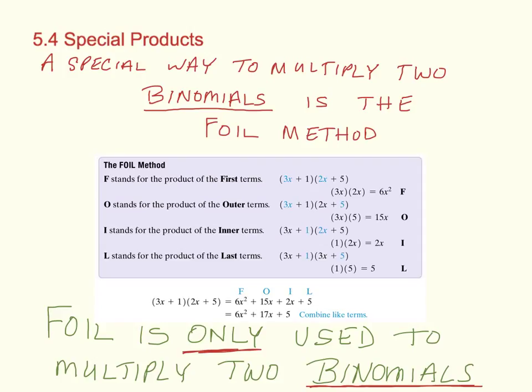Now, after you get those 4 terms, many times 2 of the terms will combine because they're like terms. But you always should at least get 4 terms when you multiply a binomial times a binomial. And then it may simplify to 3 terms.